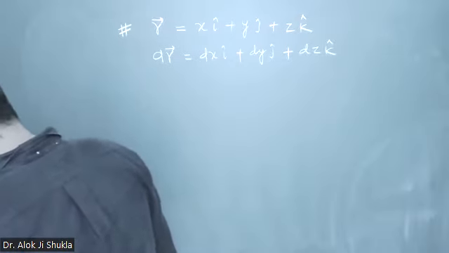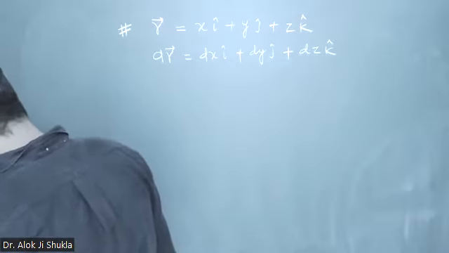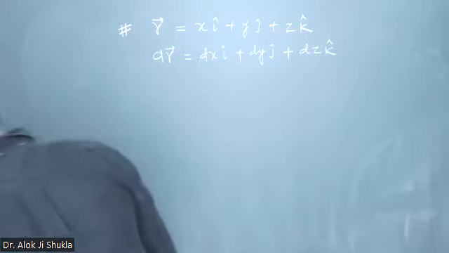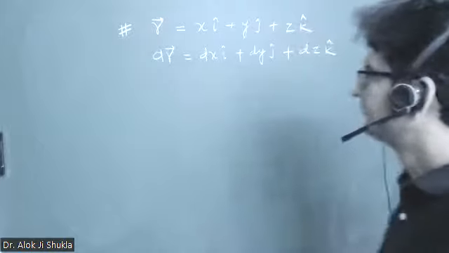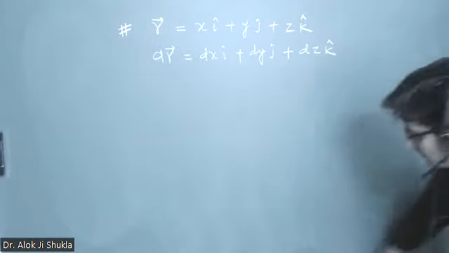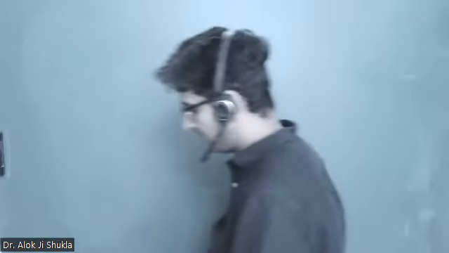This is a very small thing, but it is very important. Now we have to understand three things. First of all, understand it in Cartesian, and then the same thing will be transformed in spherical polar and cylindrical.